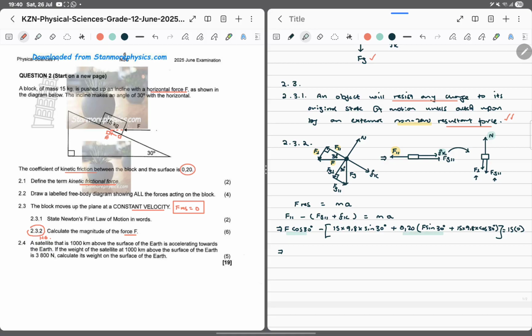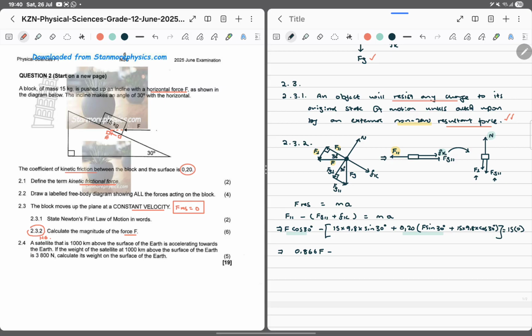So those will be like terms. Now let's see, cos 30 is root 3 over 2, which is literally 0,8 some change. Let's see, cos 30, 0,866. So this is 0,866 times F minus, we want to bring in that 1.